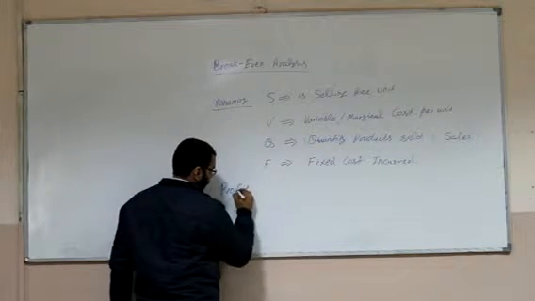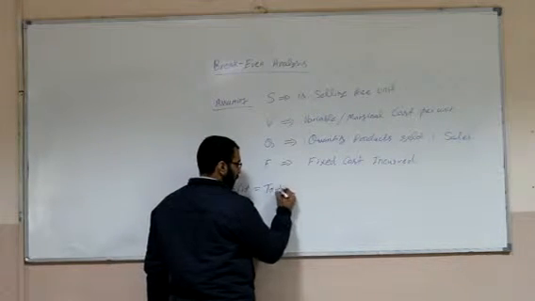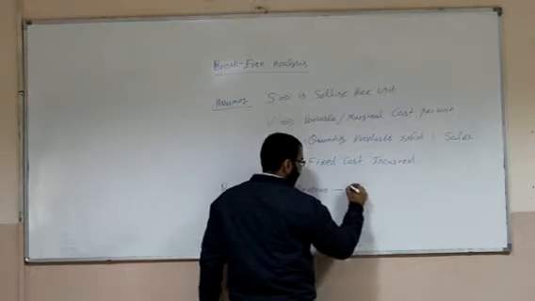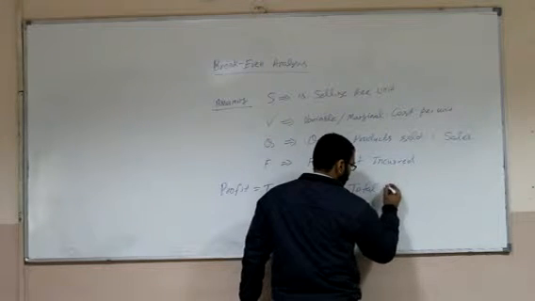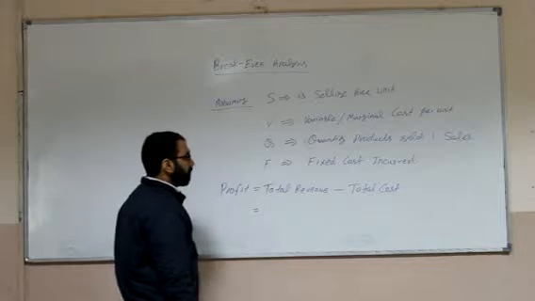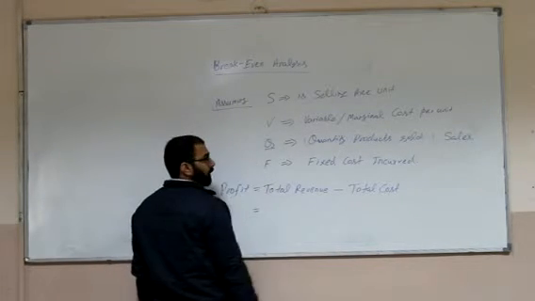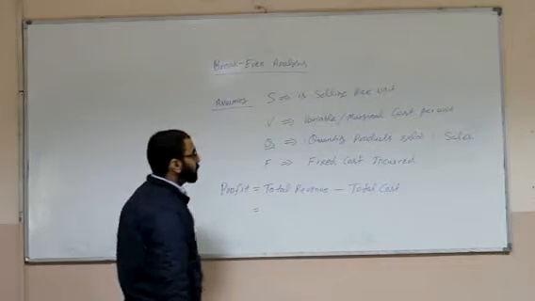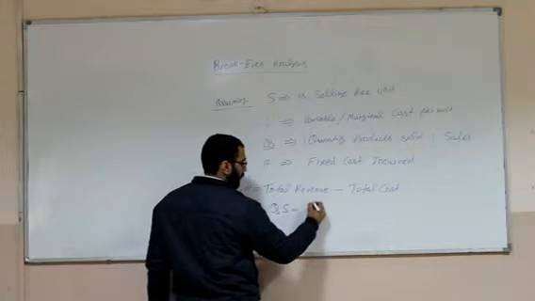So what is profit? Profit means the difference between total revenue and total cost. What is total revenue? I am selling Q quantities at a selling price of S, so Q multiplied by S, minus total cost.